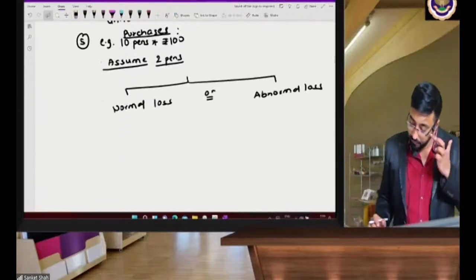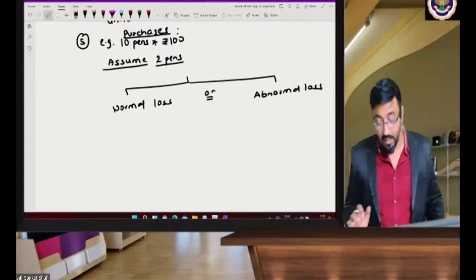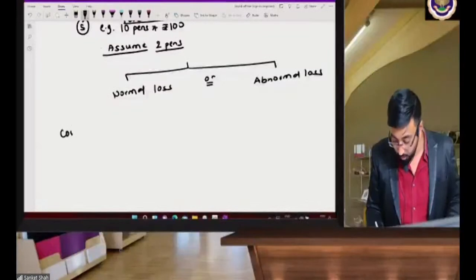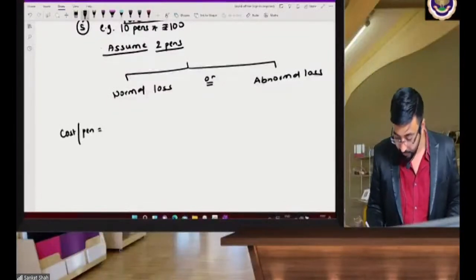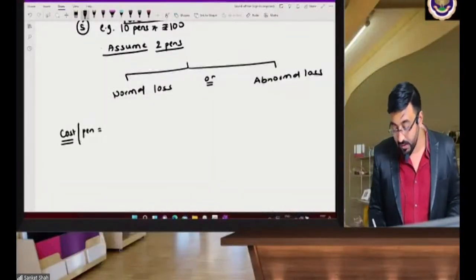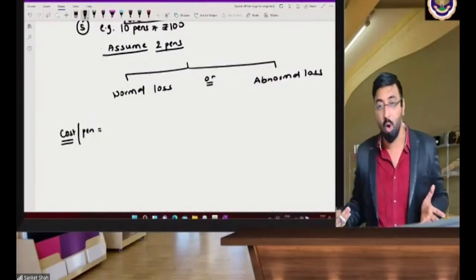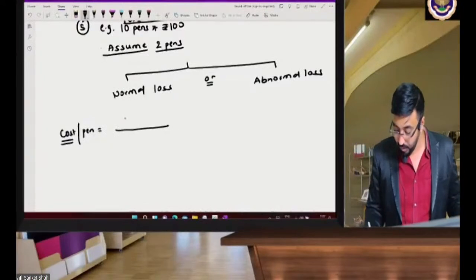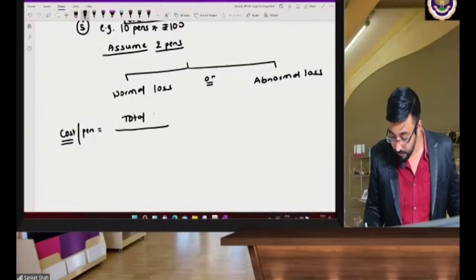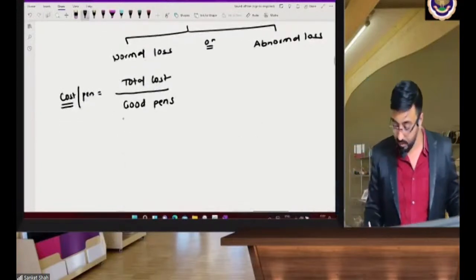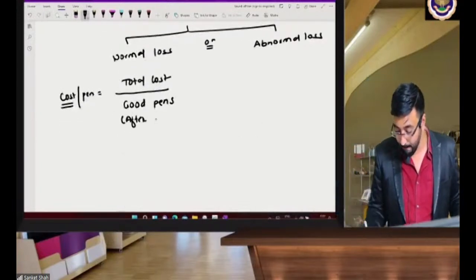If it is normal loss, what is the formula? Cost per pen is equal to total cost upon good pens. So good pens means after normal loss.